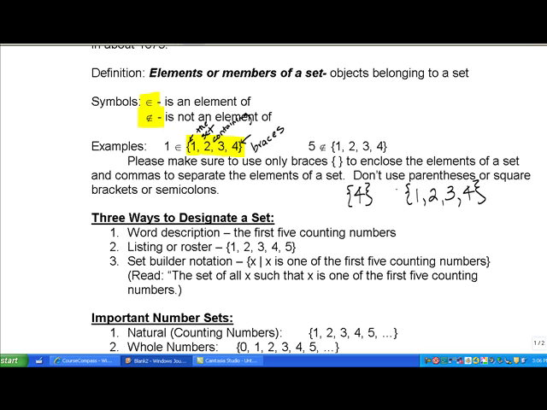So if we were to decide whether to put is an element of or is not an element of, because the number 4 does not have braces around it, it actually is not an element of the set containing 1, 2, 3, 4. So that's kind of a fine distinction there. 4 is an element, but the set containing 4 is not an element.